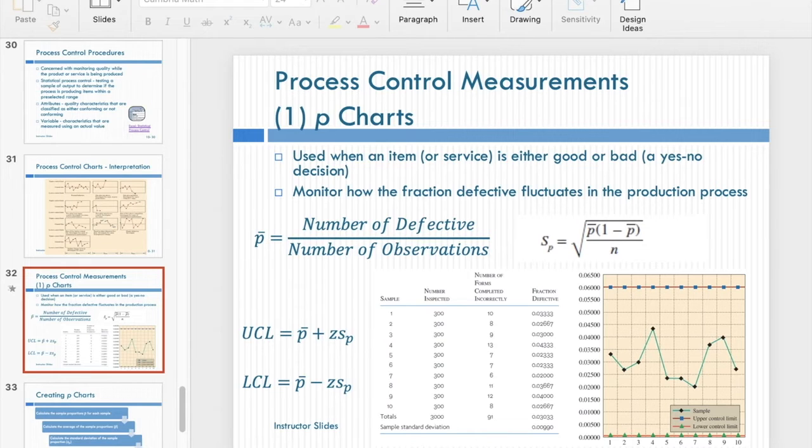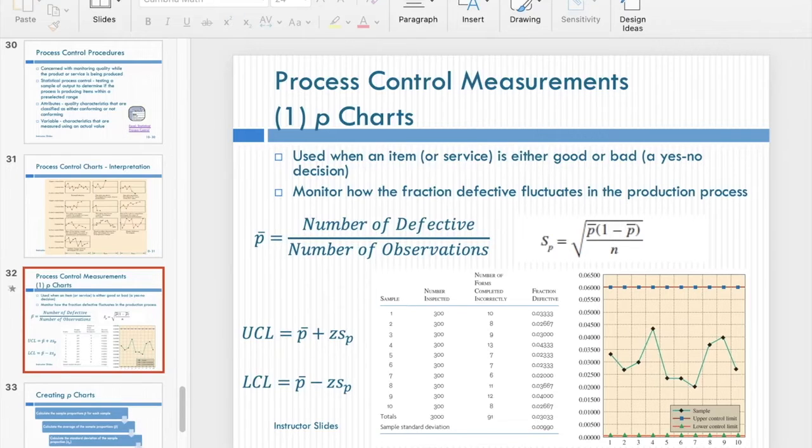That's it. Then how do we get the dots in the middle? In this type of problem, every dot represents the fraction of defective products. In the first sample, what is the fraction of defective products?